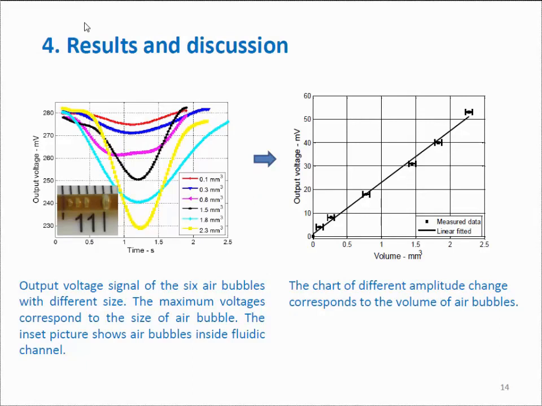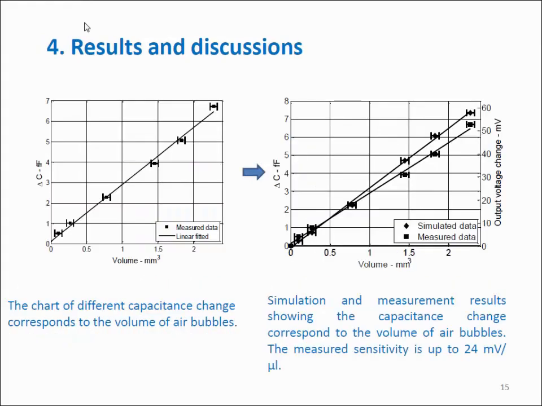We investigate some sizes of air bubble. This is the output signal of 6 air bubbles with different size, and we have the different velocity, speed, and from that we have the figure. This is the relation between volume and the output voltage. It is linear.